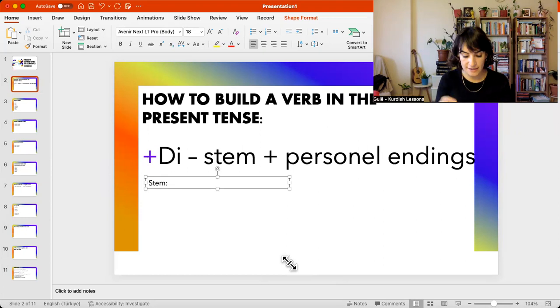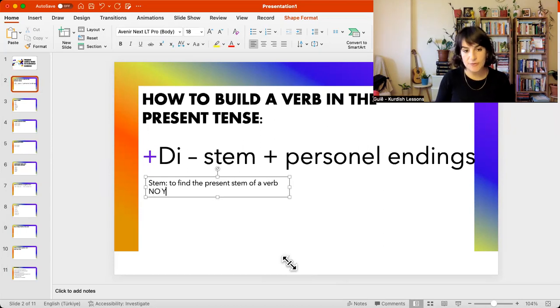Unfortunately, to find the present stem of a word, there is no rule, so you have to memorize.